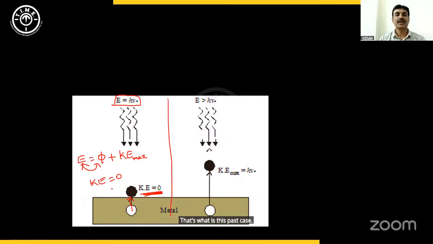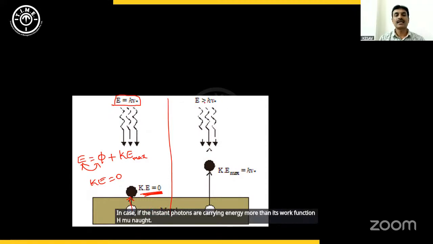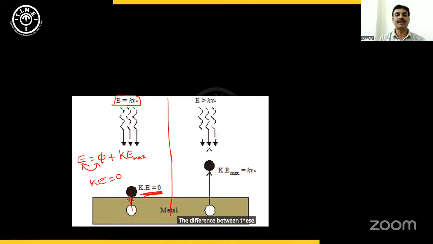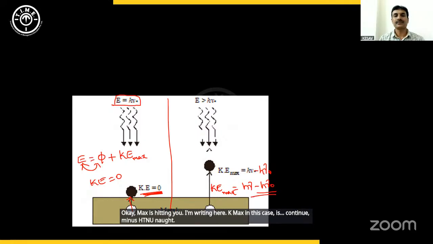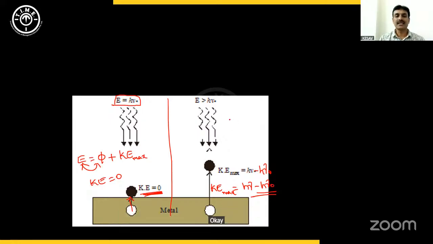In case the incident photons are carrying energy more than the work function hν0, the difference between these two will be emitted as kinetic energy. KE max in this case is hν minus hν0, that's E minus phi.